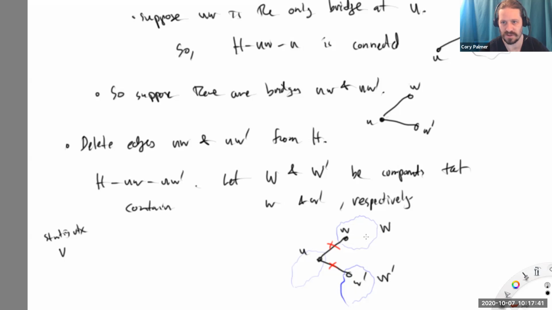Those are two disjoint sets of vertices, right? It could be in neither of them, but the point here is that without loss of generality, we can say that V is not in, say, W. It's either not in W or not in W prime. Let's just say it's not in W. It's symmetric.